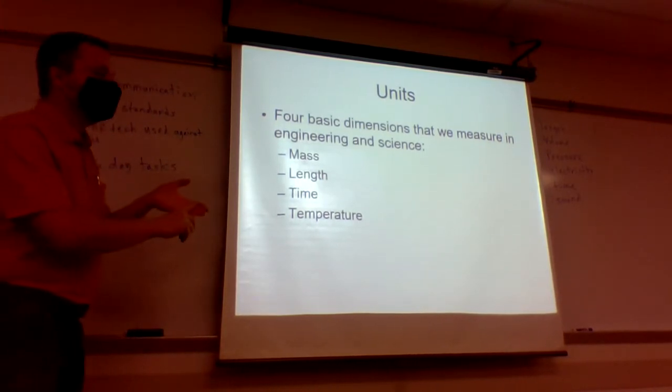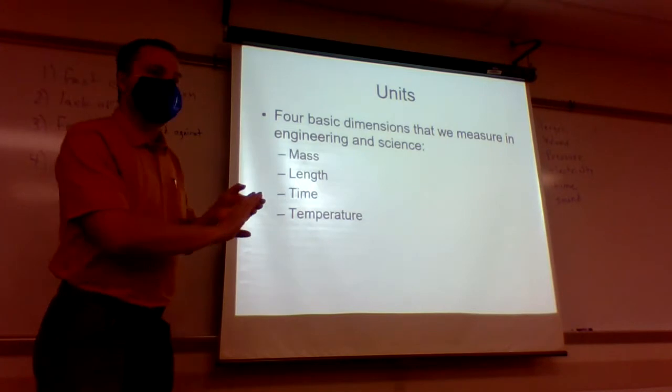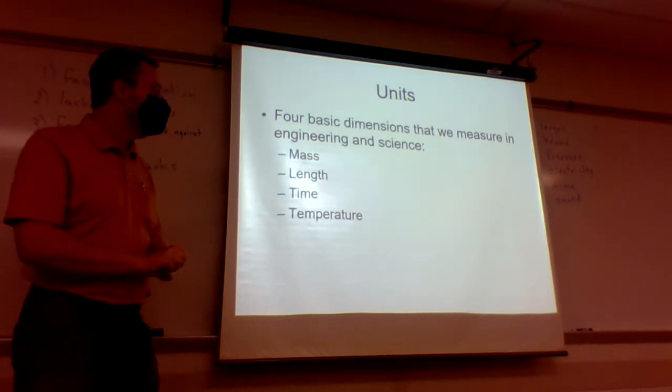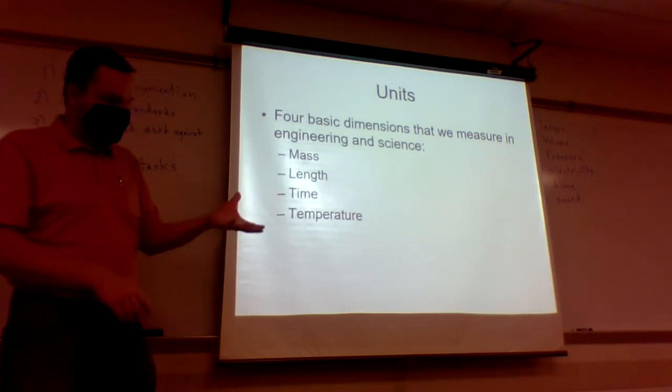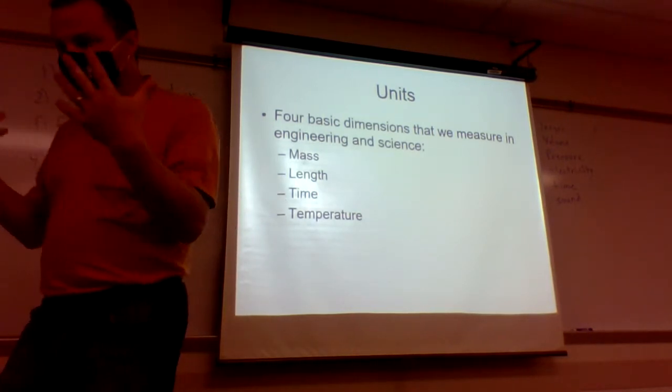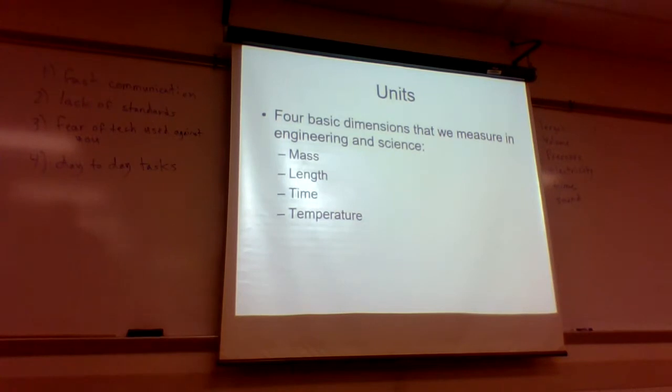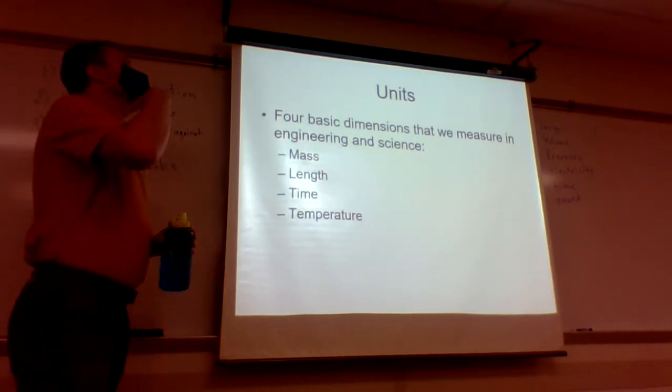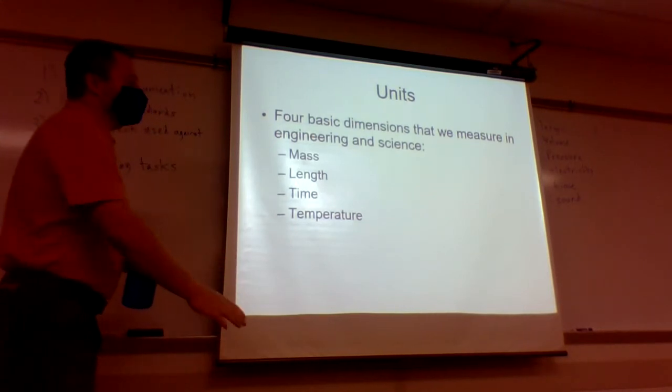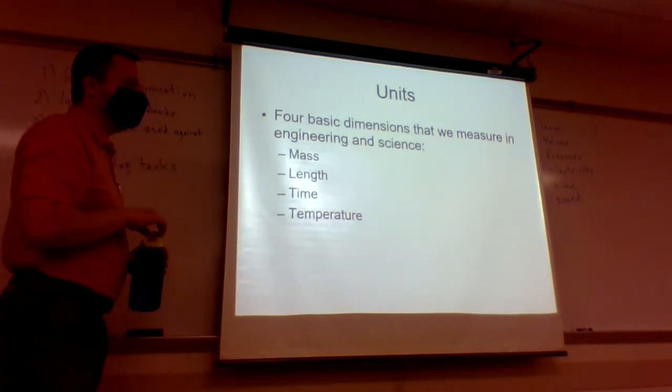And then when we start talking about the thermal energies, we start talking about temperature. Okay? There is also light intensity, which we measure in a unit we call candela, or lumens. That's another base dimension you can't derive from these other 4.